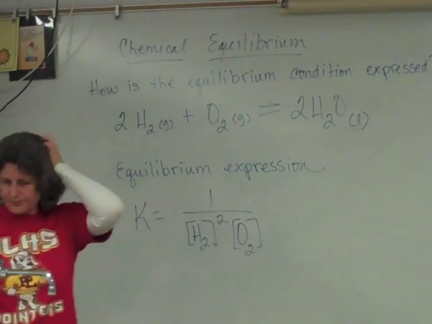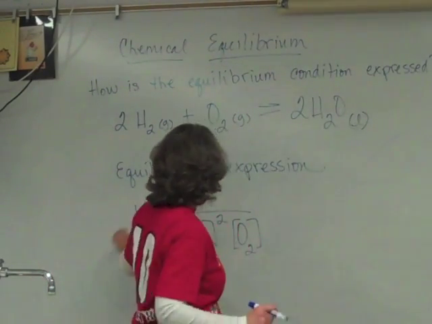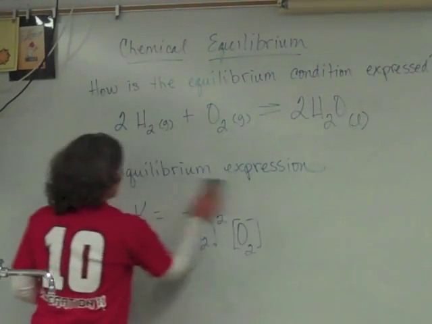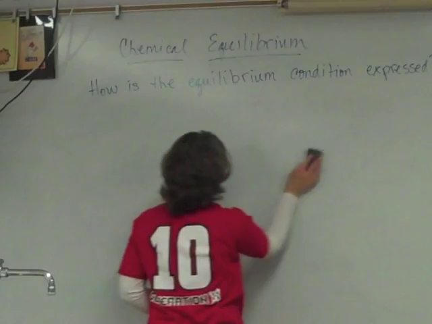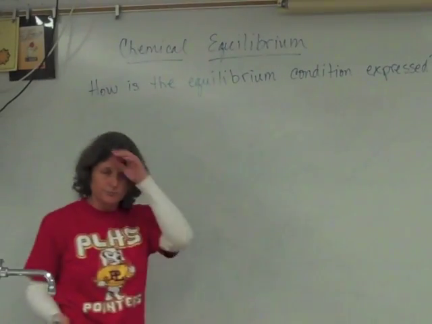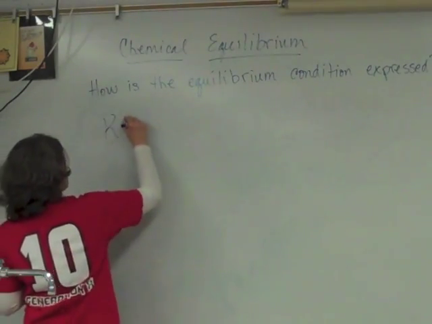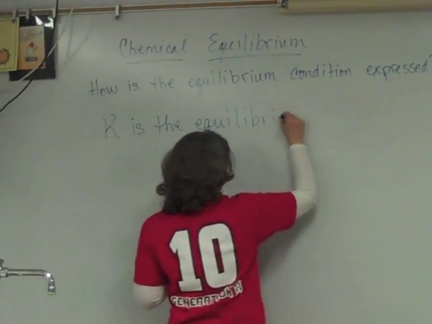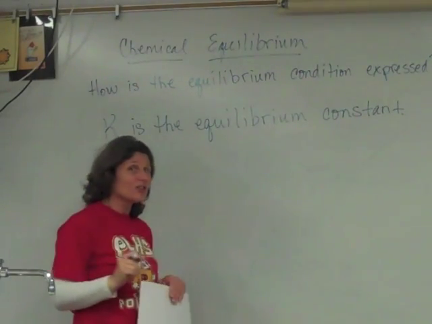Okay, now again, K is the equilibrium constant, and it's a ratio between concentrations of products to reactants at equilibrium. It can tell us all sorts of things.